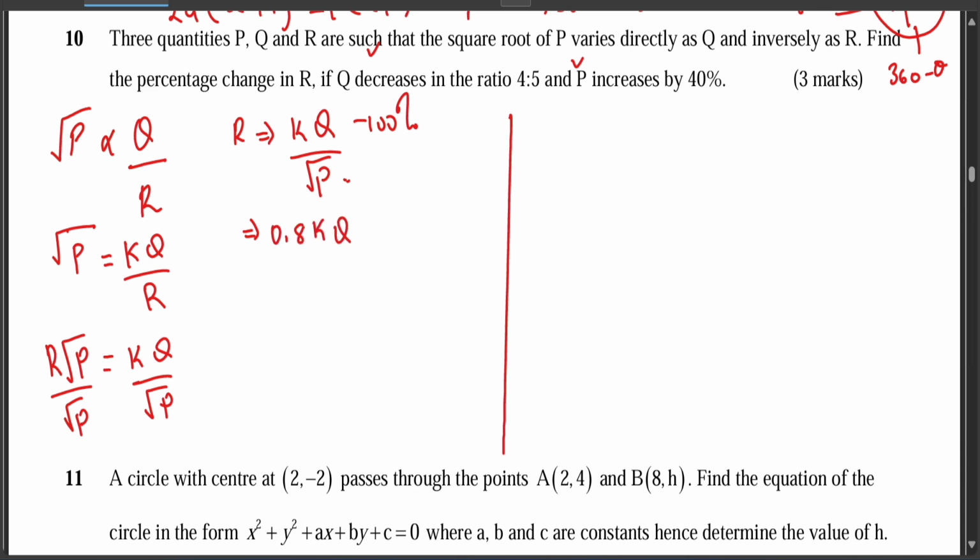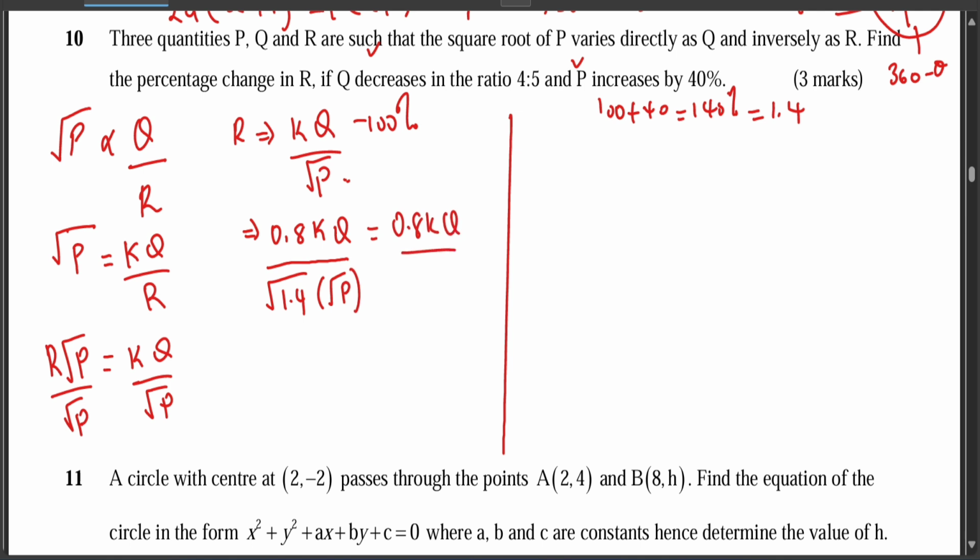So this is the new one. And then P increases by 40%. So 100 plus 40 is 140%, which is 1.4. So over 1.4, but remember it has a square root, so times root P. So here it will be 0.8 KQ over square root of 1.4, which gives you 1.183 something.